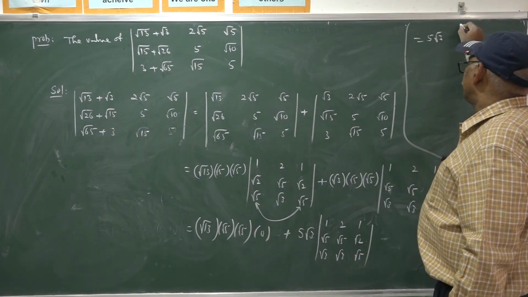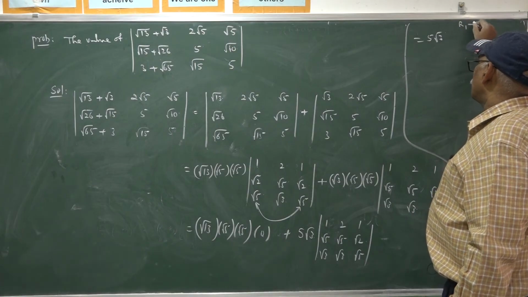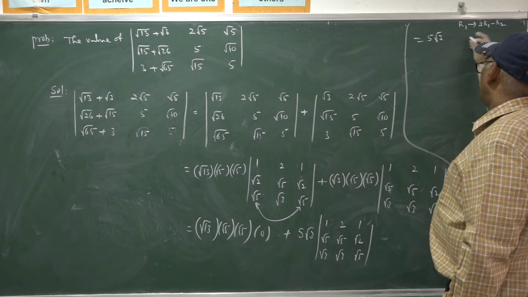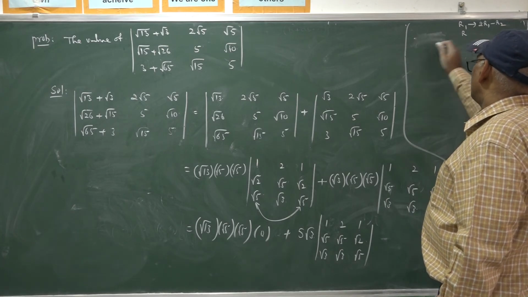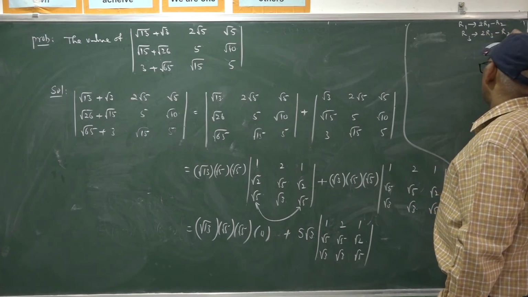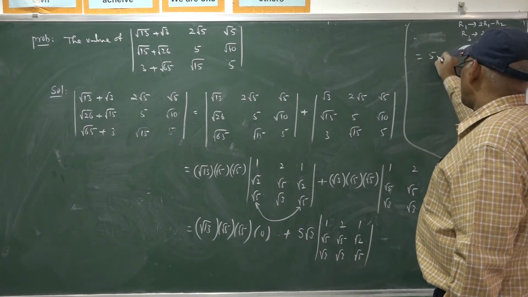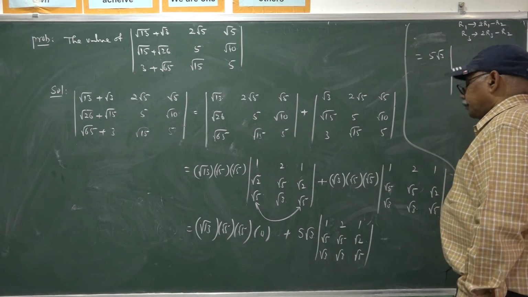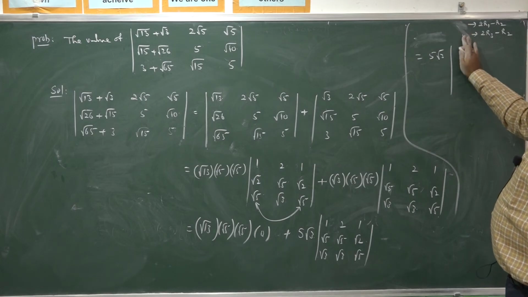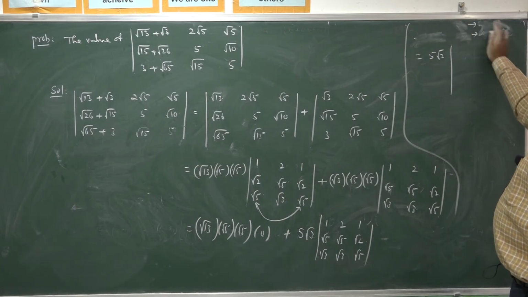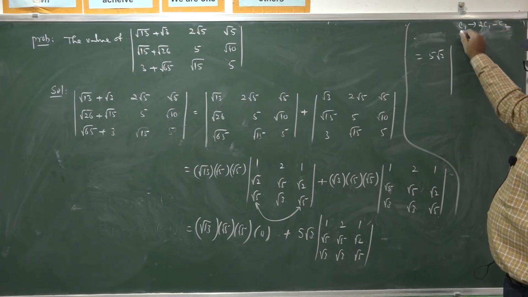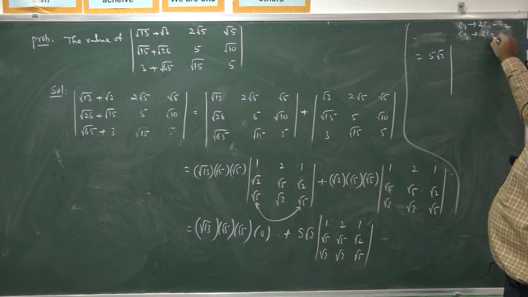apply R1 goes to 2R1 minus R2 and R3 goes to 2R3 minus R2. So the determinant becomes, here, this is columns, not rows: C1 goes to 2C1 minus C2 and C3 goes to 2C3 minus C2.